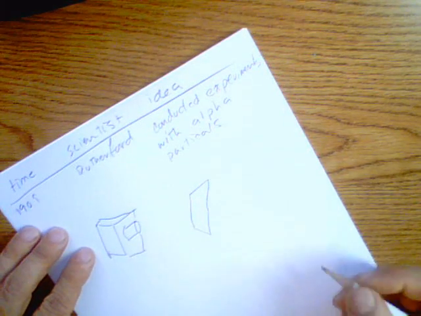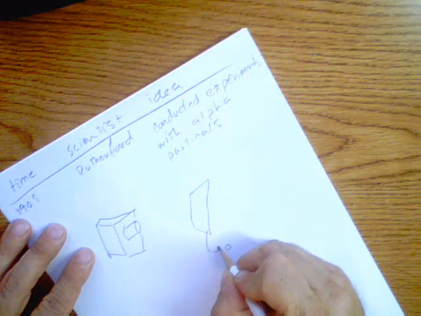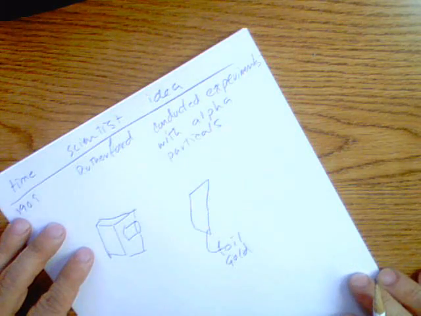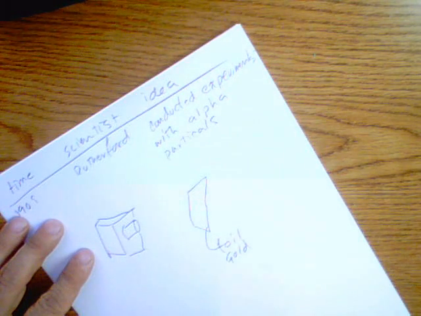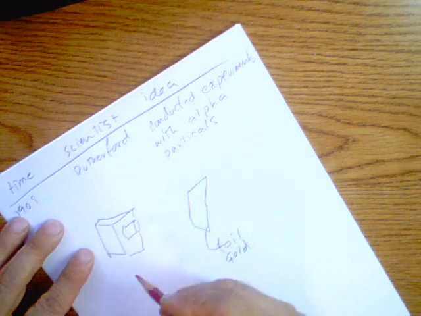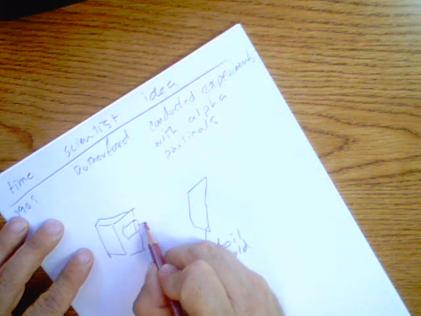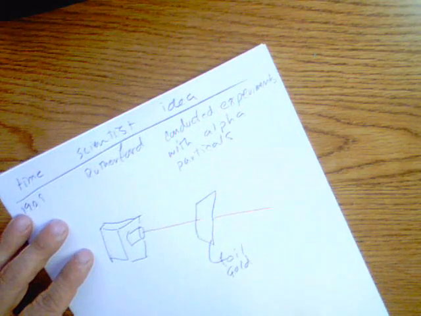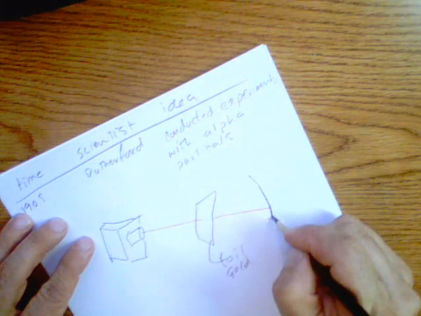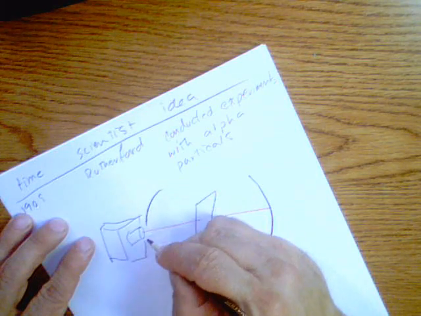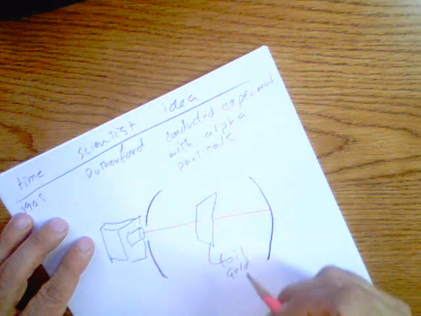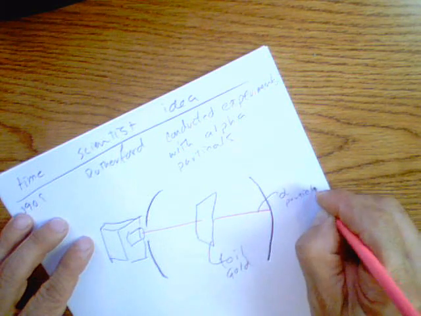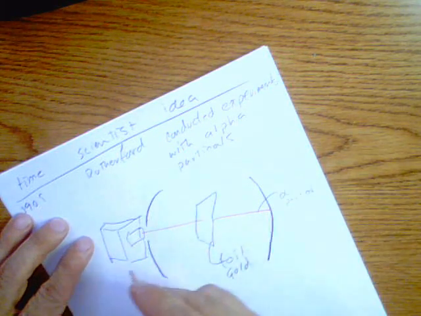But anyway, here's a piece of foil, and he happened to use gold because you could hammer it out extremely thin. And so what he did was he shot this foil with alpha particles. When he shot this foil with alpha particles, most of them went right through.